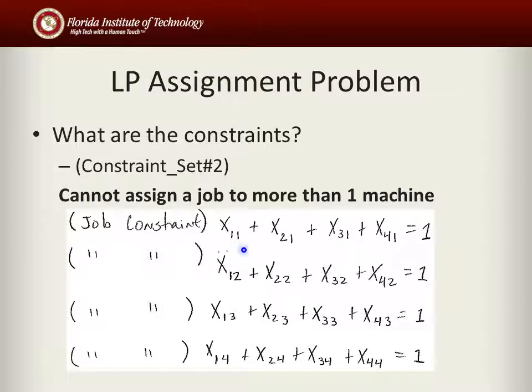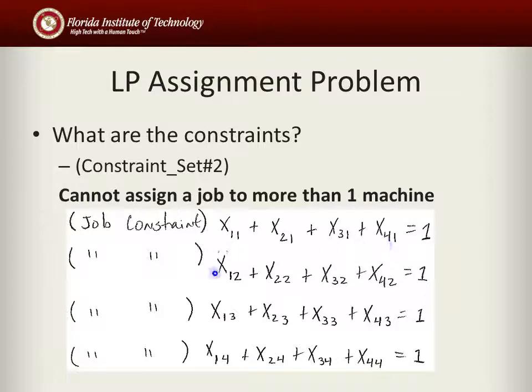Here we set it up for job number 1, which is represented by the second subscript. So x11 plus x21 plus x31 plus x41 has to be equal to 1. That makes sure that job number 1 gets assigned to a machine and gets worked.